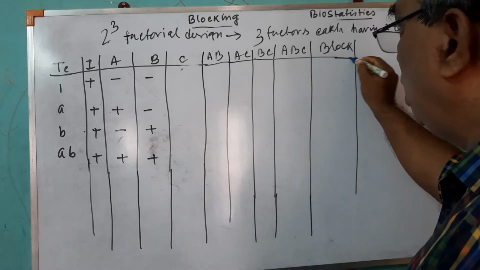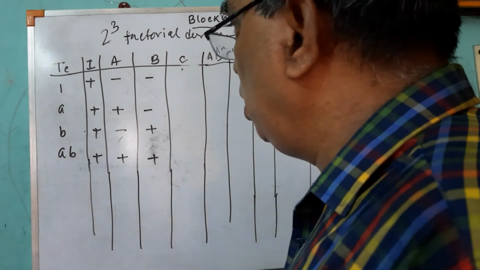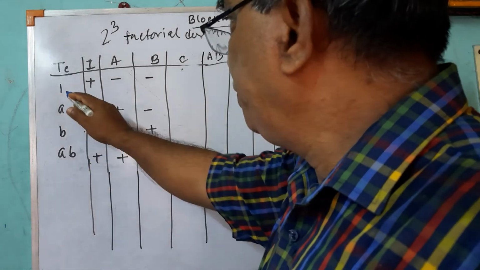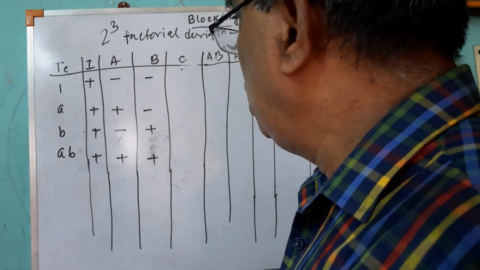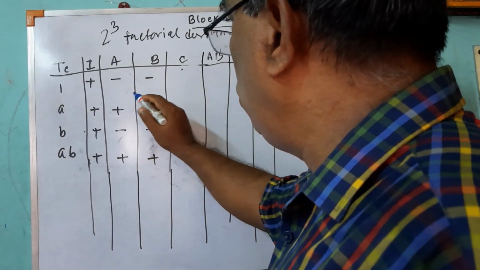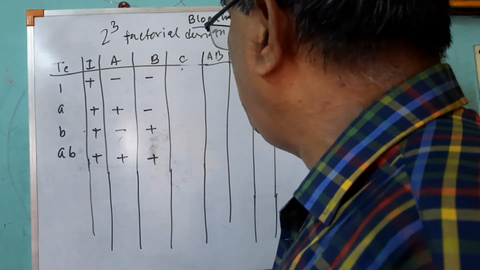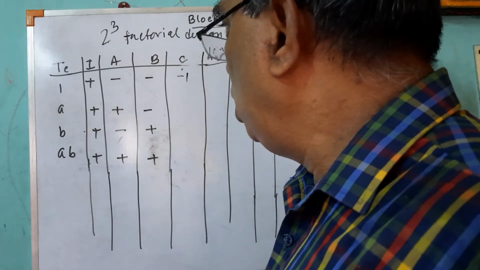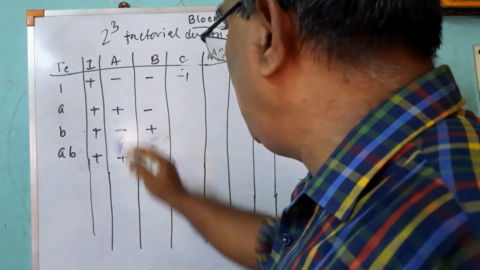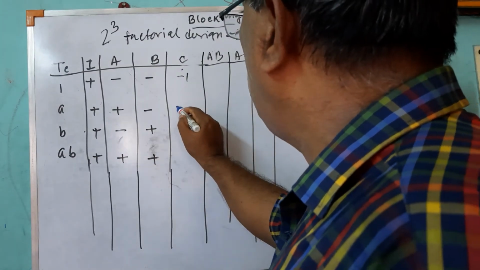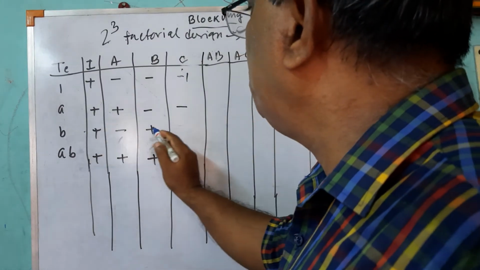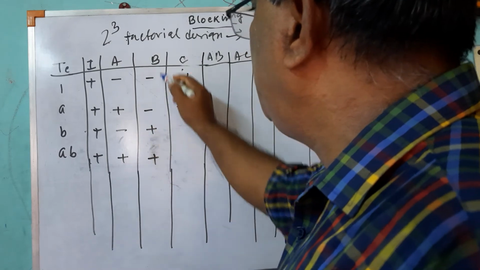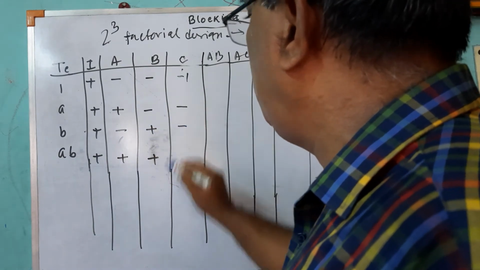You see, 1 means all at lower level, so it will be minus. A means only A at higher level, B and C are at lower level. B means A at lower level, B at higher level, C at lower level.